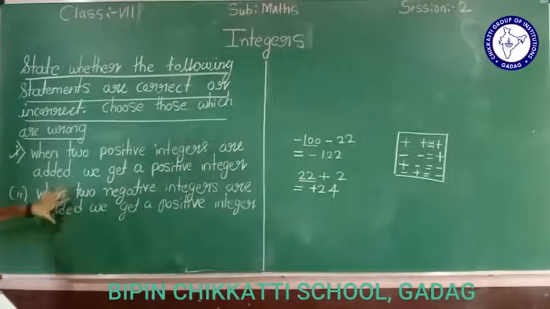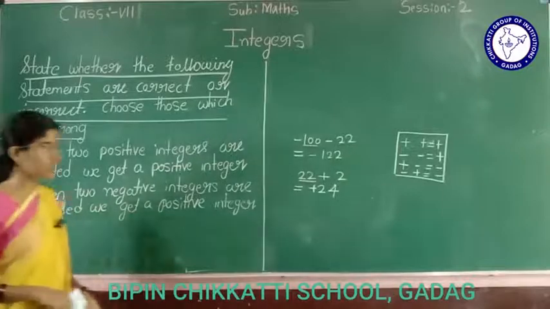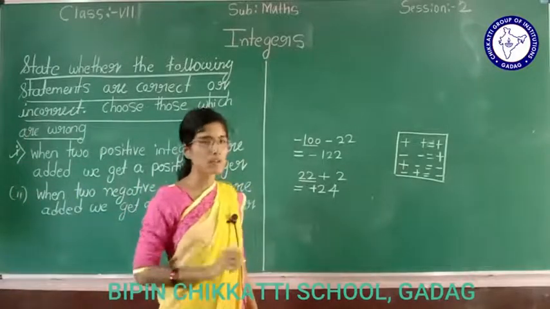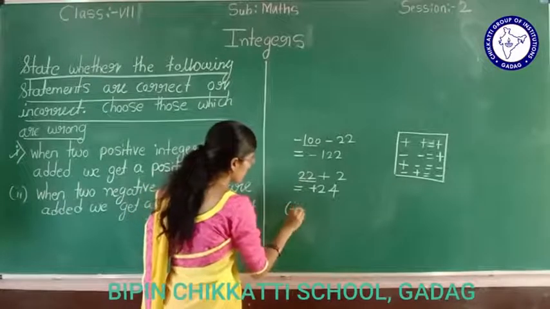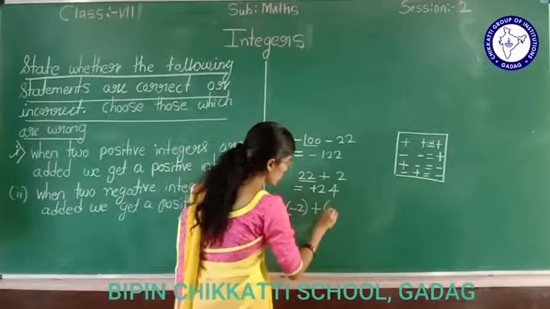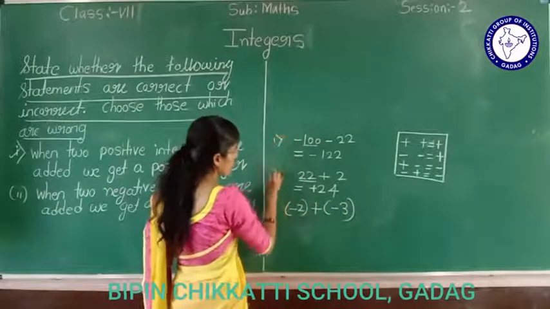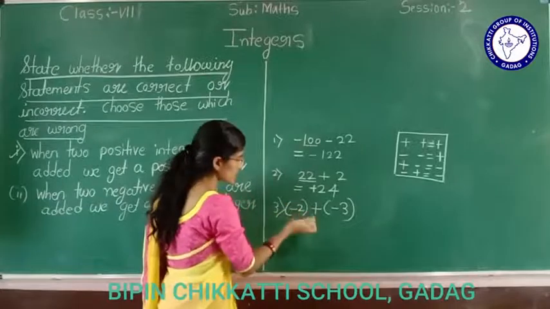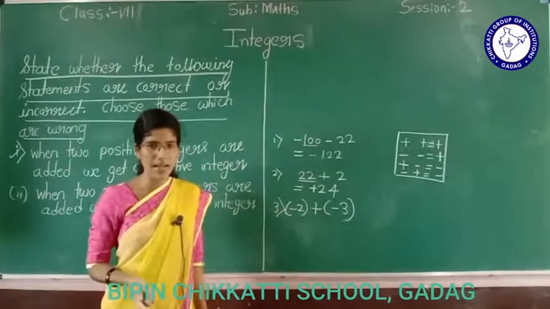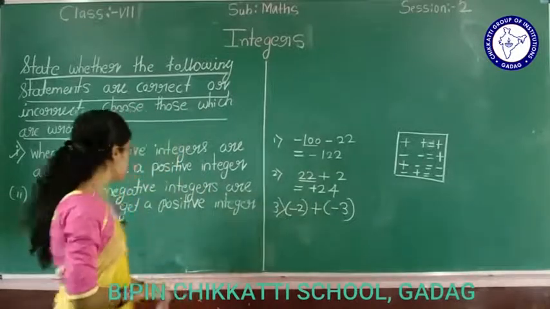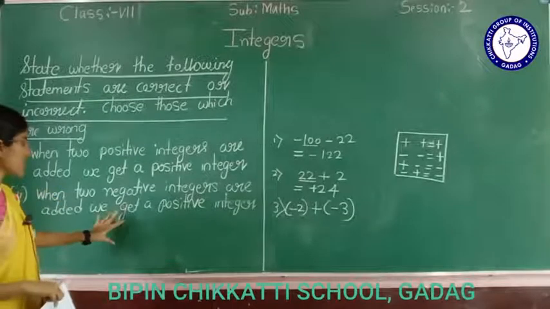Again here, when two negative integers are added, we get a positive integer. I gave an example, again I am revising. Take any two negative integers. They have told us we will get a positive integer, but I told that this is not correct.